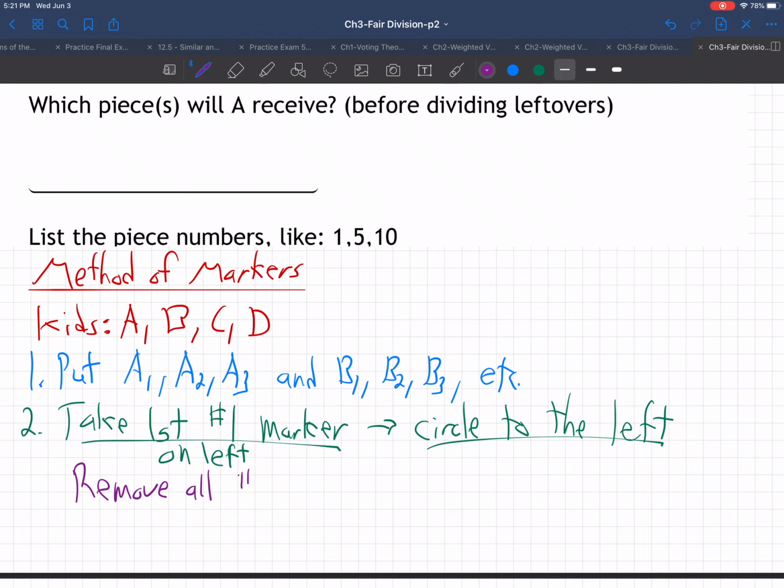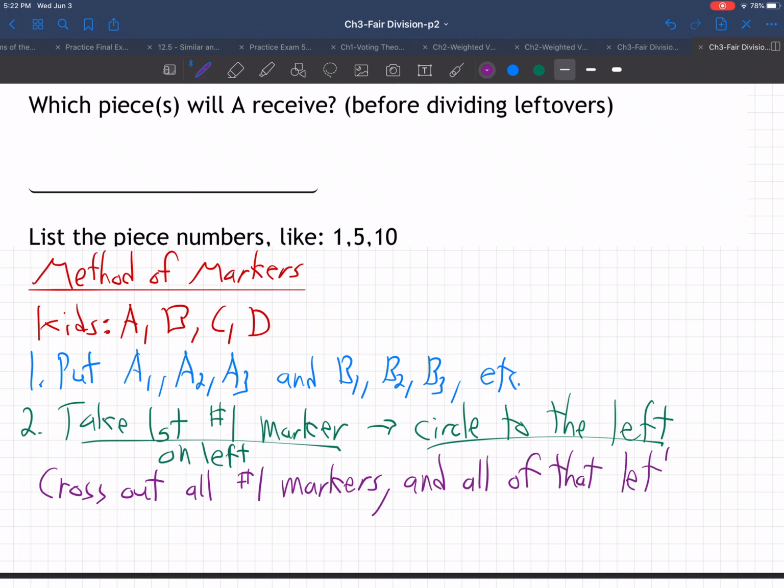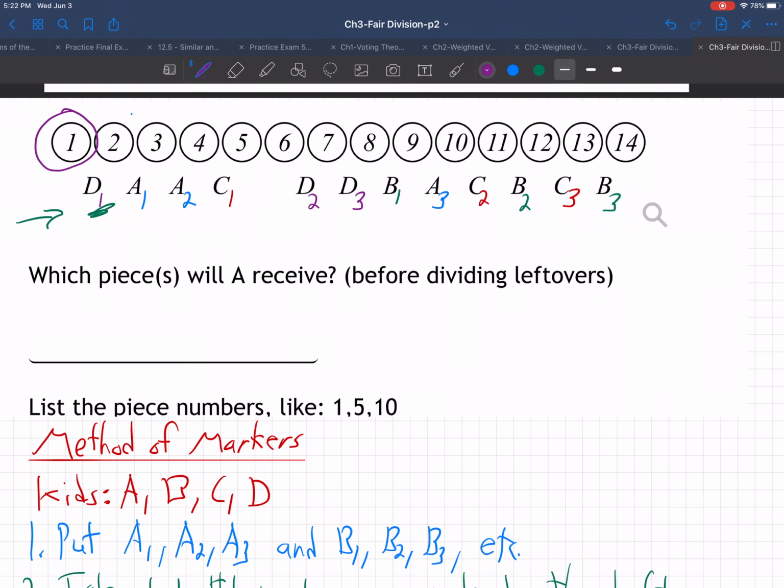Then remove all number 1 markers. Well, how about I just say cross out? Cross out all number 1 markers and all of that letter, whichever letter just got his candy. So I'm going to cross out all number 1 markers now. Bye-bye A1, bye-bye C1, bye-bye B1. All the number 1 markers are removed.